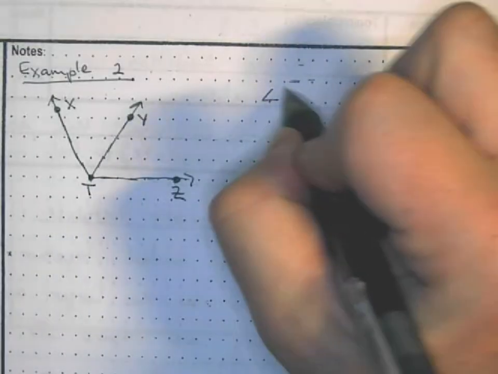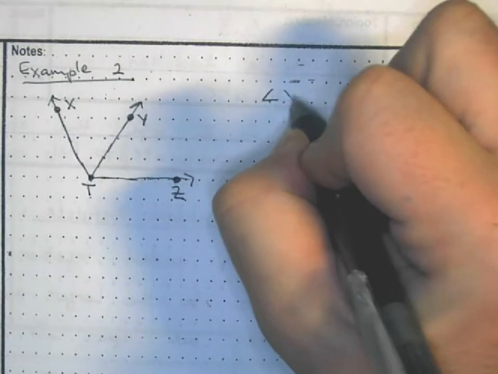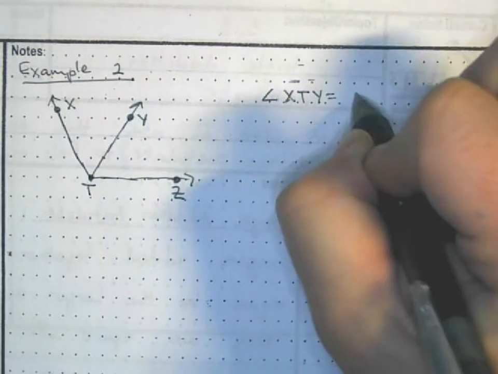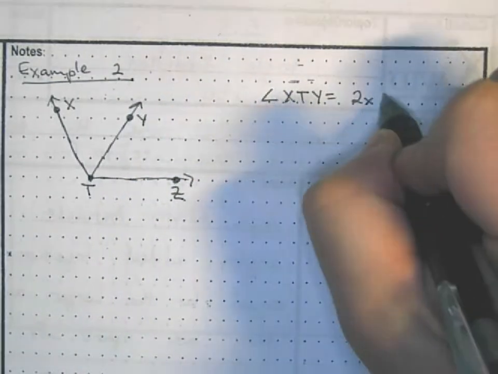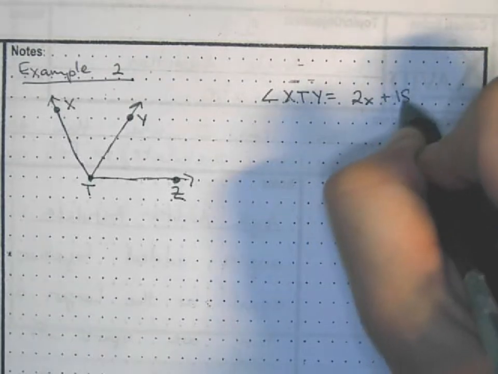And I'll tell you that angle XTY equals 2x plus 18.